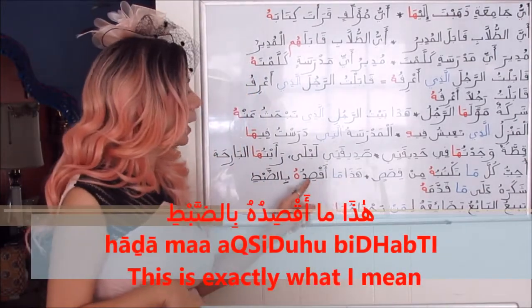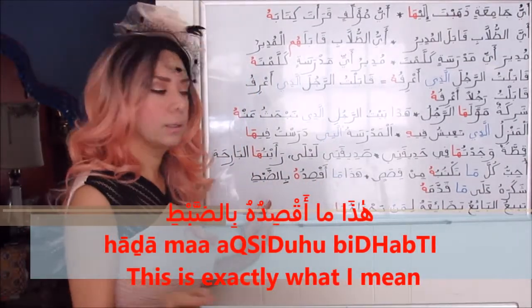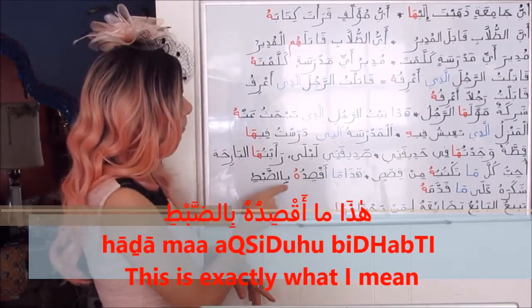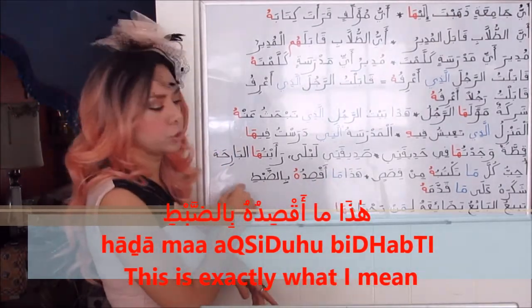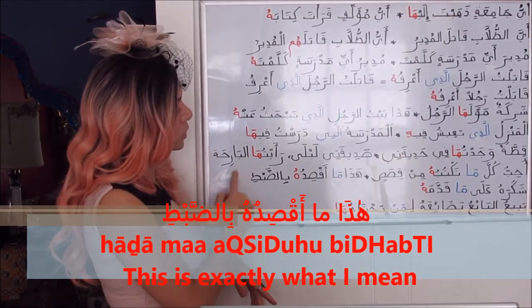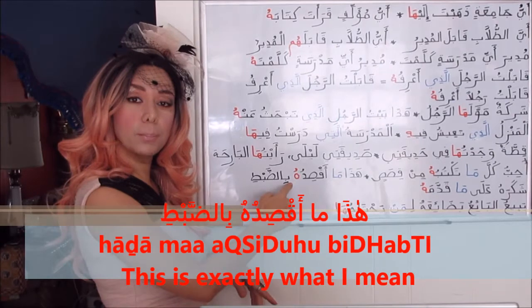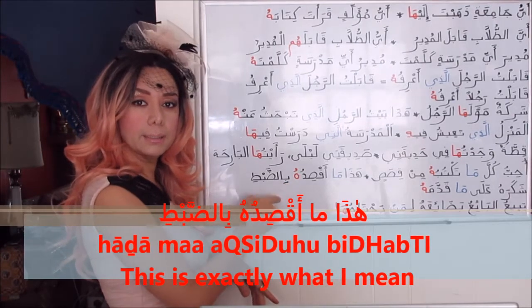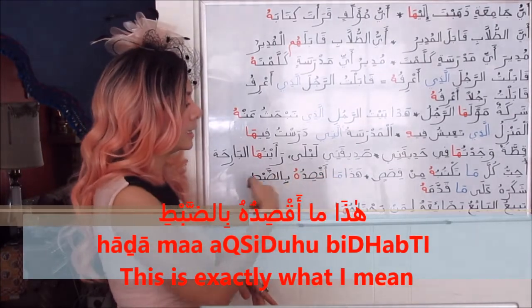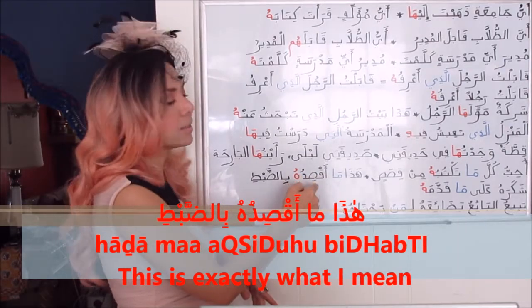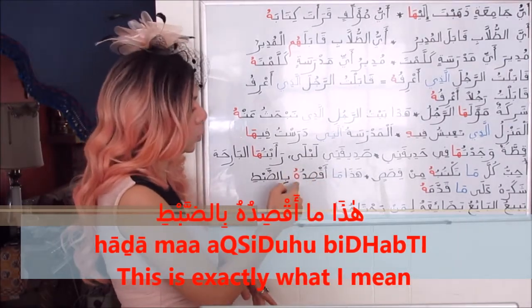هذا ما أقصده بالضبط. This is exactly بالضبط. This is one expression, mostly always preceded by the preposition be. بالضبط, exactly. This is exactly what I mean. قصد, to mean. أقصده, I mean.